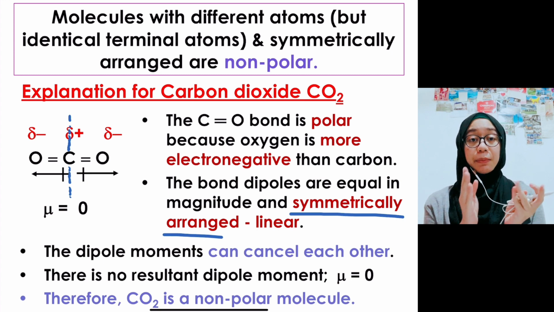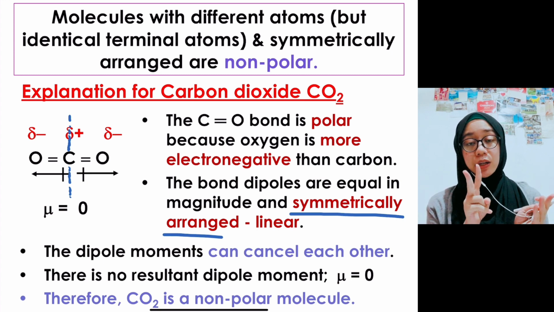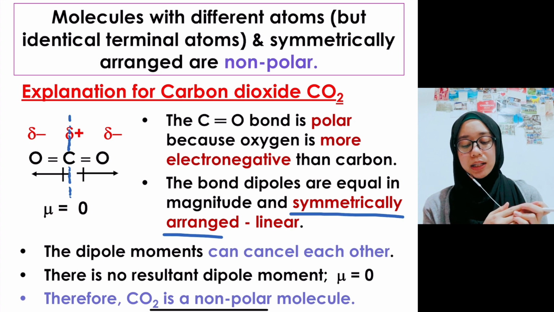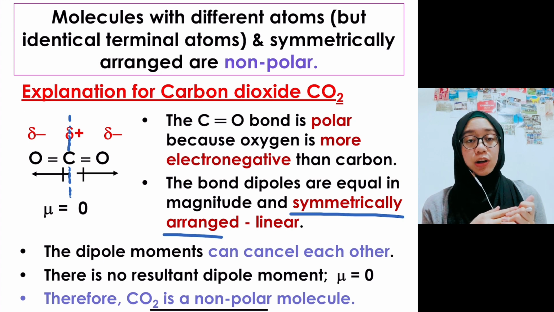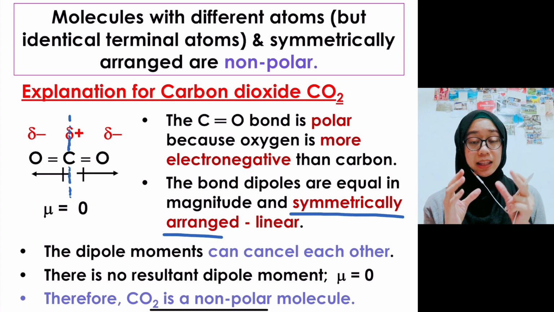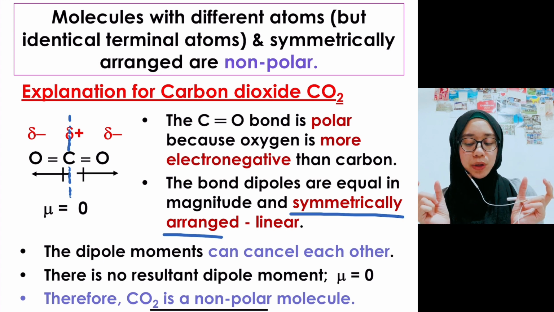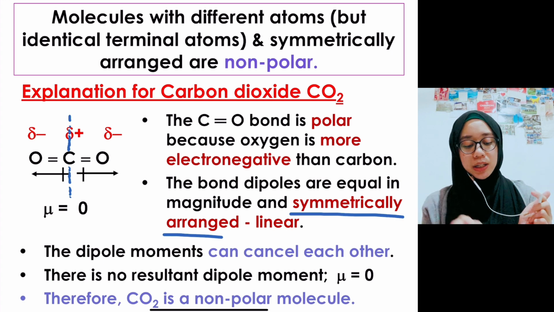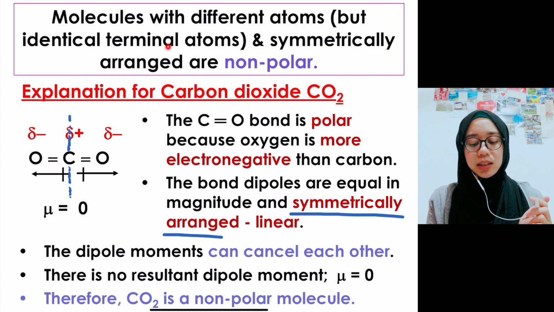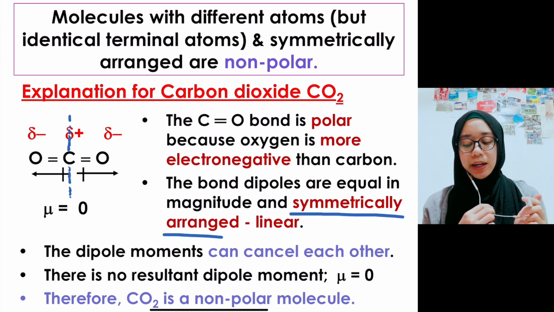Okay, kita ada carbon dengan oksigen kan, so kita ada different atom kat situ, tapi basically kalau kita focus on shape dia, carbon as the central atom and then oxygen pula adalah sebagai terminal atom. So kalau kamu tengok, terminal atom adalah sama, so that's why dia ada mention about the identical terminal atoms kat sini, and then at the same time they are symmetrically arranged.